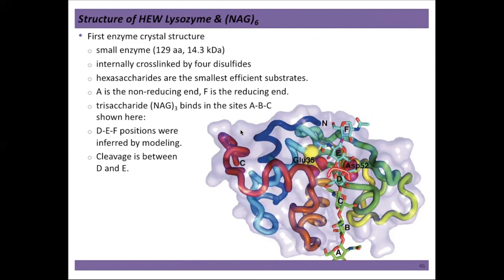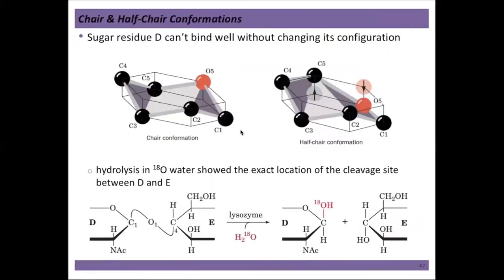You can kind of see in this picture, if you squint really hard, that it has a planar structure. So sugar residue D can't bind well without changing its conformation, and so it changes to kind of a half chair. And that helps this mechanism.